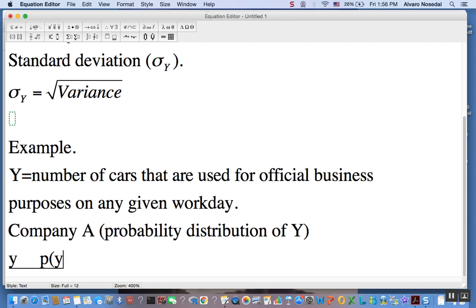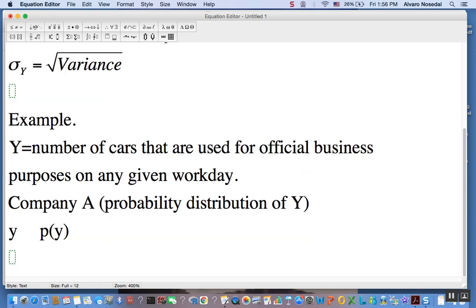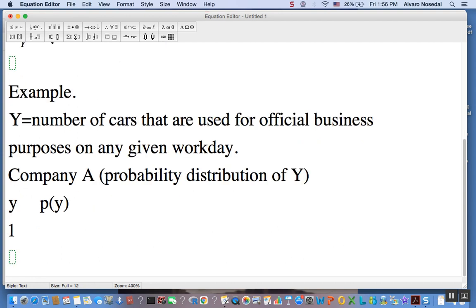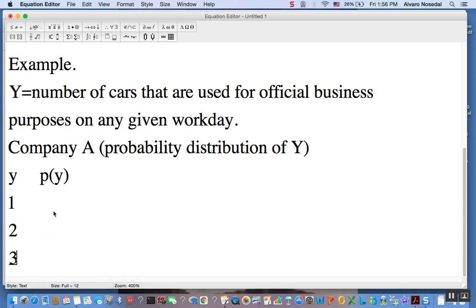So it turns out that in the case of company A, y could be 1 or 2 or 3, and corresponding probabilities are 0.3 for 1, 0.4 for the second value 2, and 0.3 for the last value.